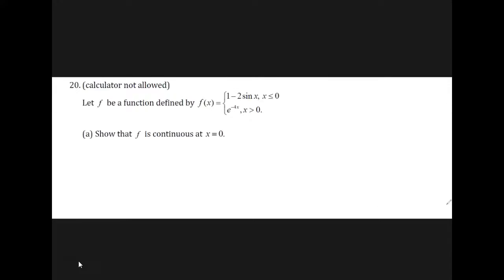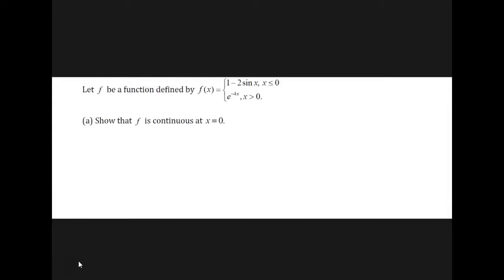So how do we show continuity? Well, to show continuity, we need to do a couple of things. The first thing we need to do is show that the function exists at that point. So we're going to find f of 0. In this case, f of 0 would come from plugging into the top.